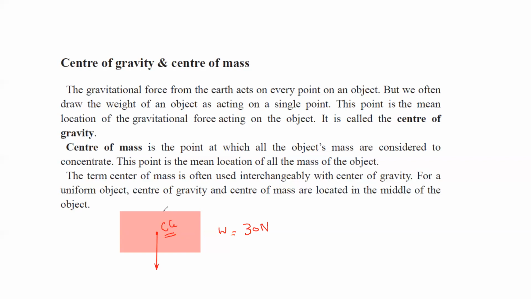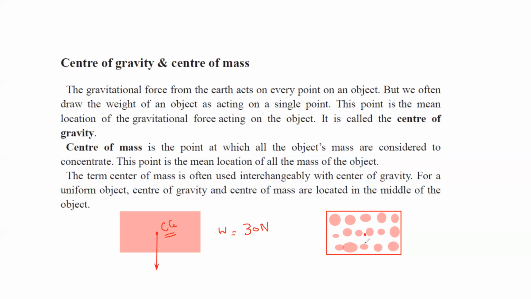And what about the concept of center of mass? Basically, it's a mean point or an average point around which the mass is distributed, because the object consists of particles. So if it is a uniform object, the mass is evenly distributed around that point.